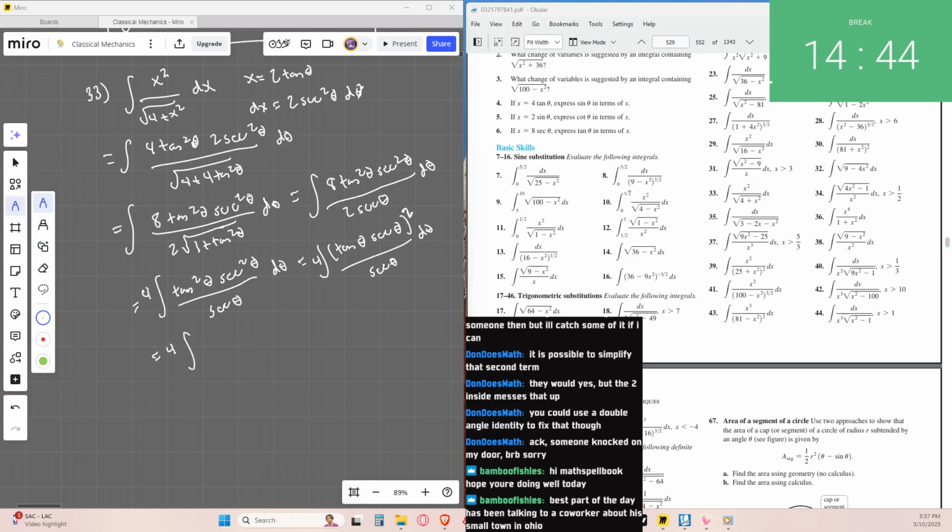Tangent squared. Because if I make this u, then this also becomes... Well, I mean, we can cross them out, but then we're left with a u on top of a tangent. Right, that doesn't help.